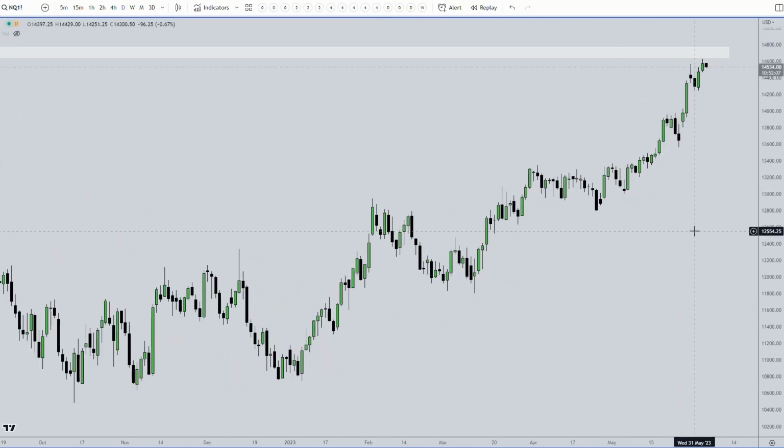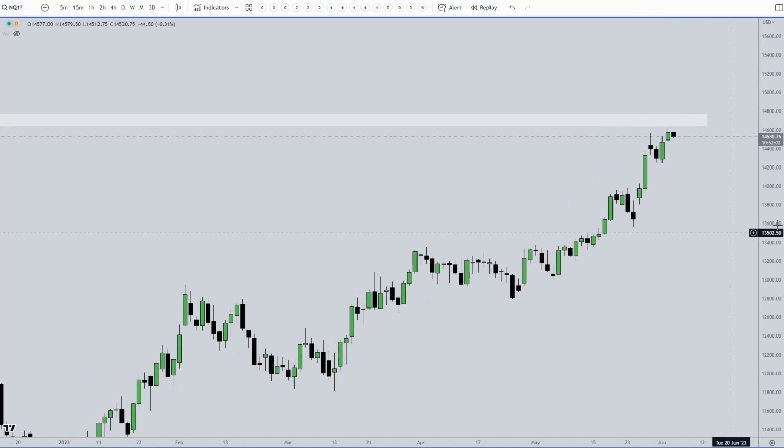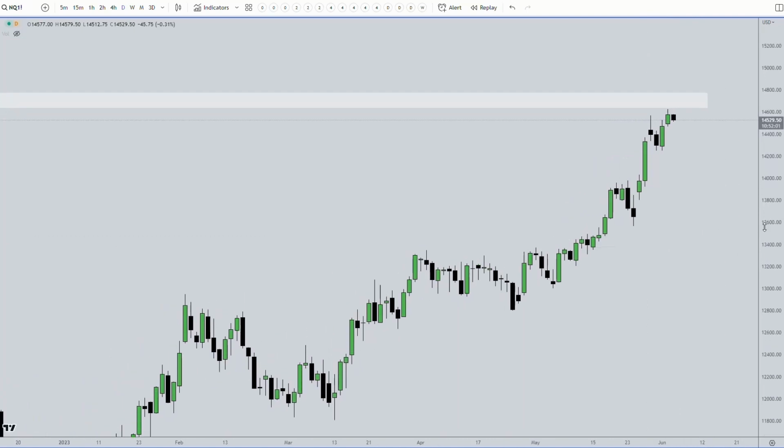Zooming in nonetheless and understanding that actually we are not looking for a swing trade but something on the day, we nonetheless realize that yes, we are in a bullish trend. We do have, just like on the S&P 500, a small opening gap here, and we have a bigger fair value gap underneath 14,250.